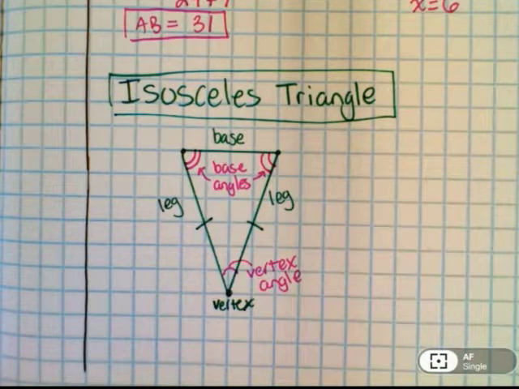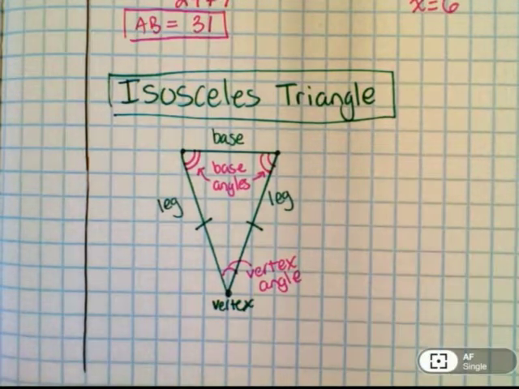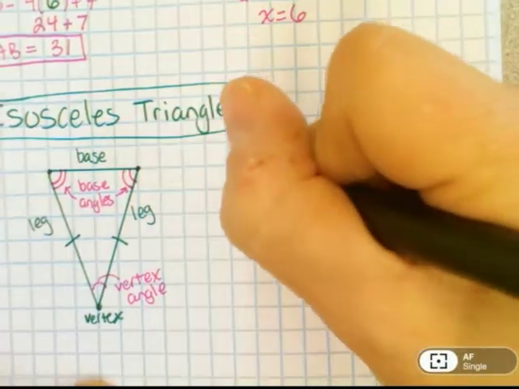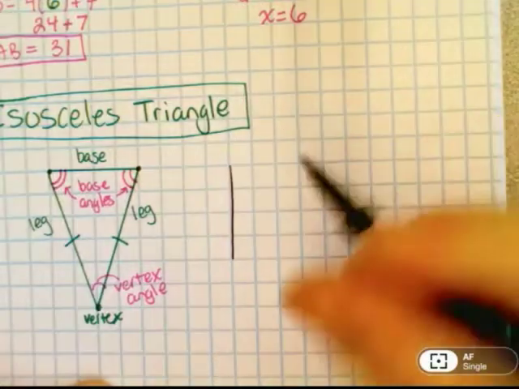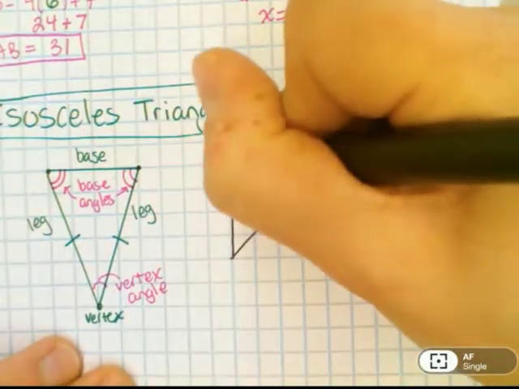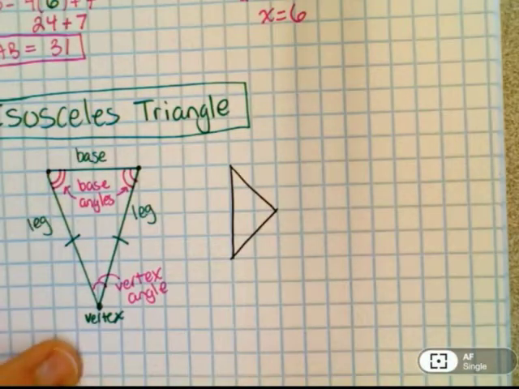There's a theorem here that says if two sides of a triangle are congruent, then the two base angles are congruent, and the converse of that is also true. So, for example, if we draw a triangle like this, try to make yours look like mine.